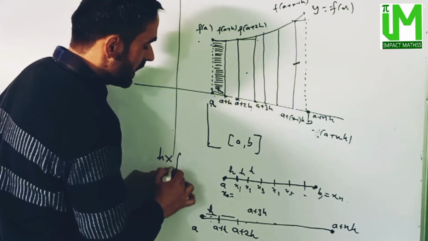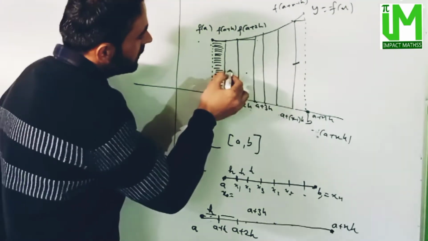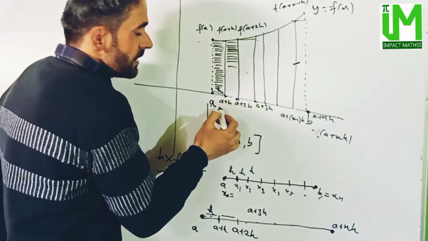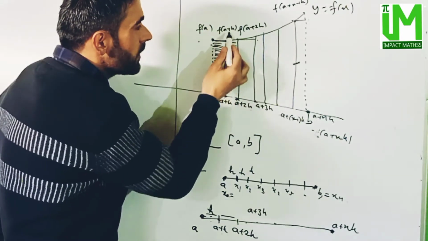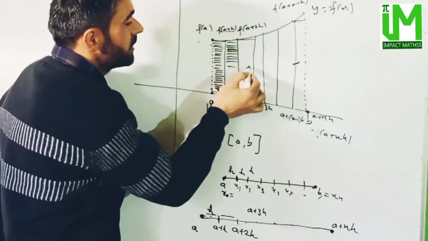So the rectangle area will be length into breadth, which is h into f of a. For the next rectangle, the area is h into f of a plus h, length into breadth. For the next rectangle, the area is h into f of a plus 2h.